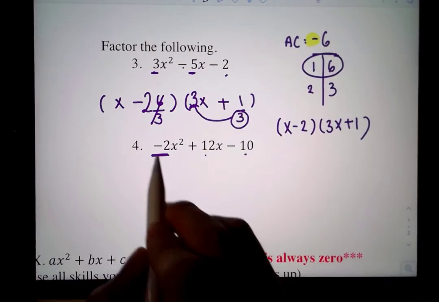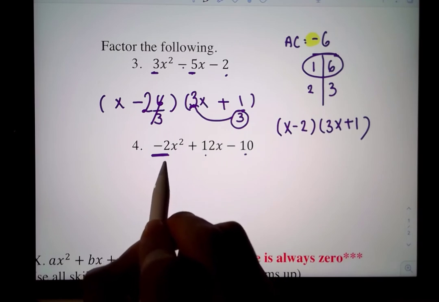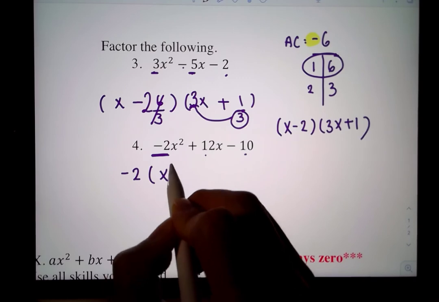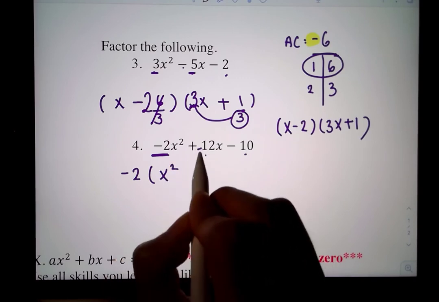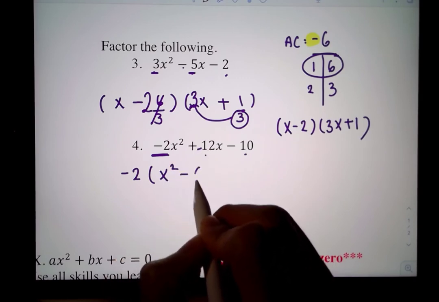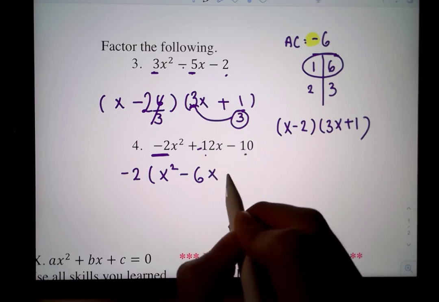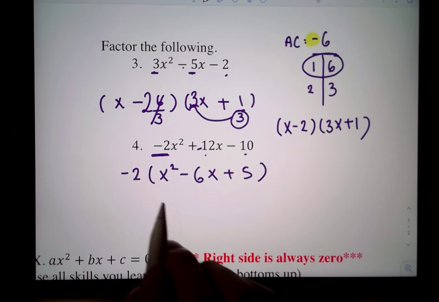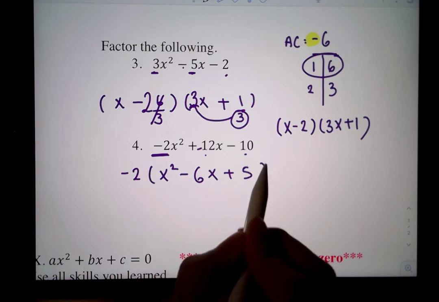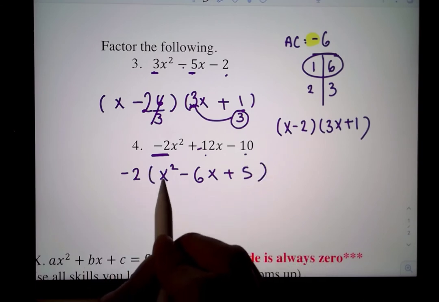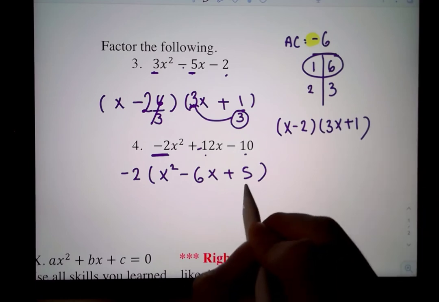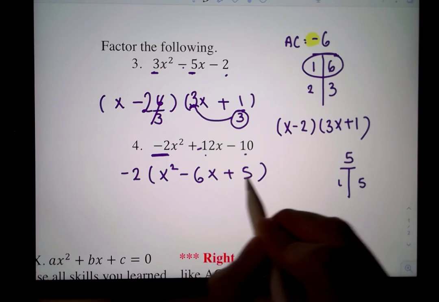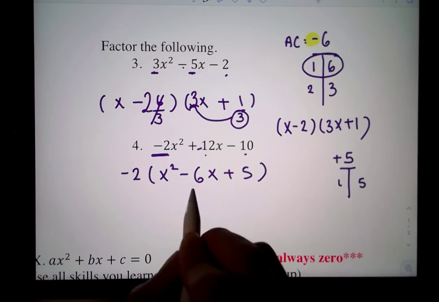So let's look at this. So anyway, for this one, I'm gonna factor out negative 2. So you factor out negative 2, and to get positive 12, we need negative 6, and we need plus 5, right? And then now your a is 1. When you look at the inside of the parentheses only, then your a is 1. So with that one, you break down 5, 1, 5. It was positive, so the sum is 6, right?